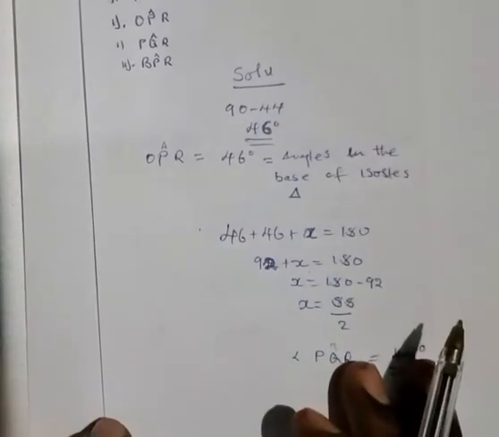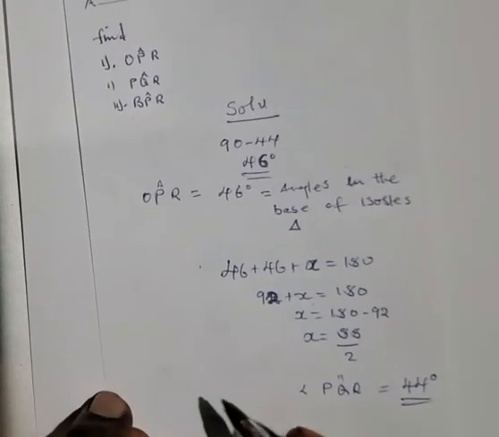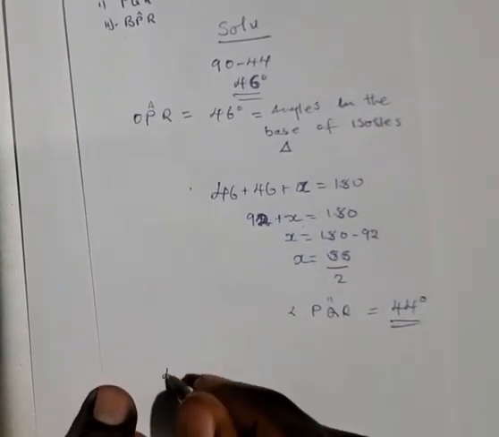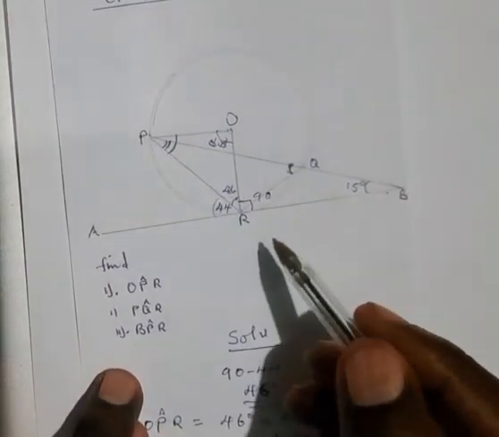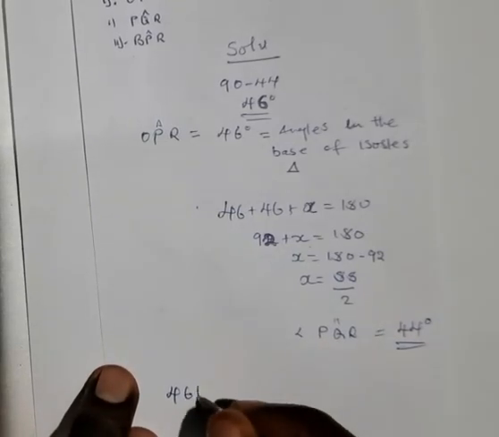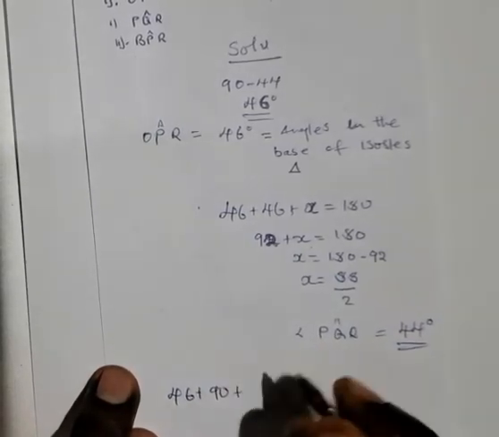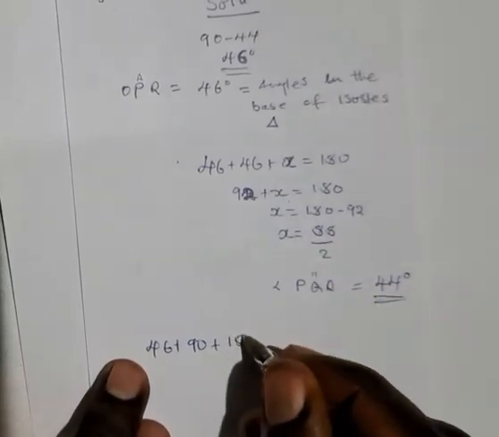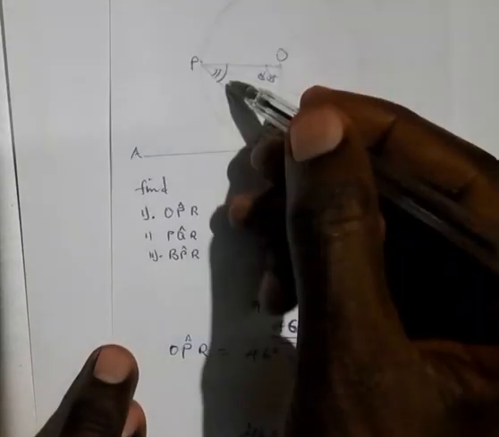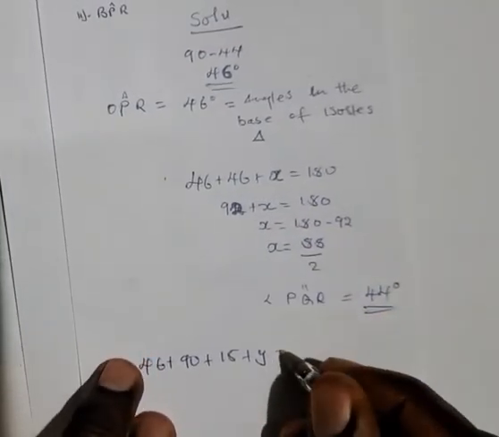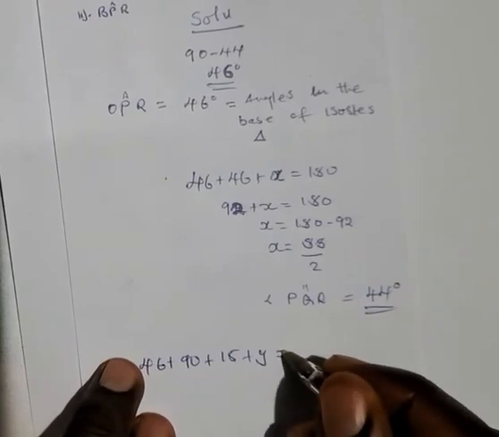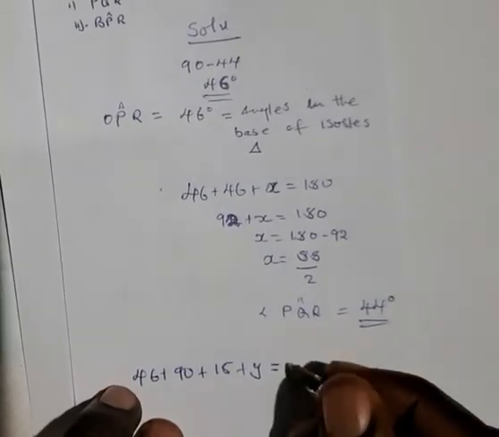So we are saying 46, this 46 here, plus 90, plus 15, plus this one that we don't know. Let's use y, is equal to 180.